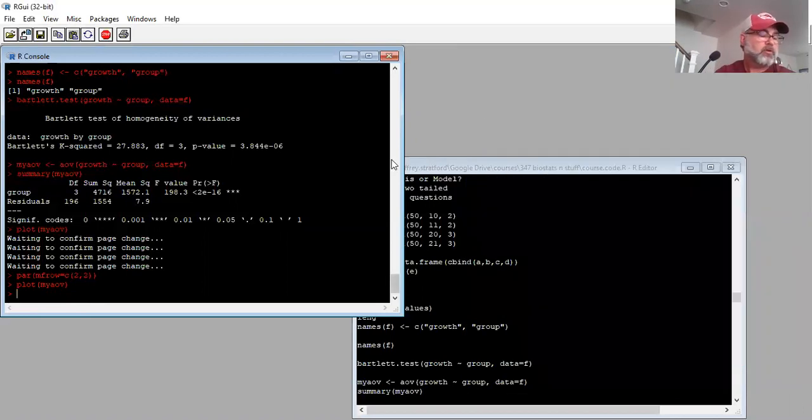All right. When you use par and change your graphing parameters, that's now part of R. And if you don't remember how you did that, do what I do and go back and always fix that. So I just hit my up arrow, and then I change my 2x2 to a 1x1.